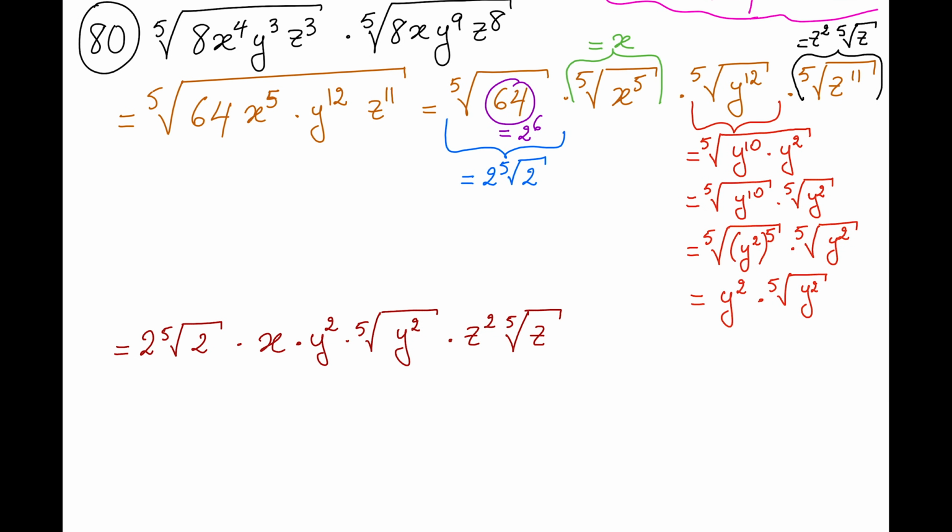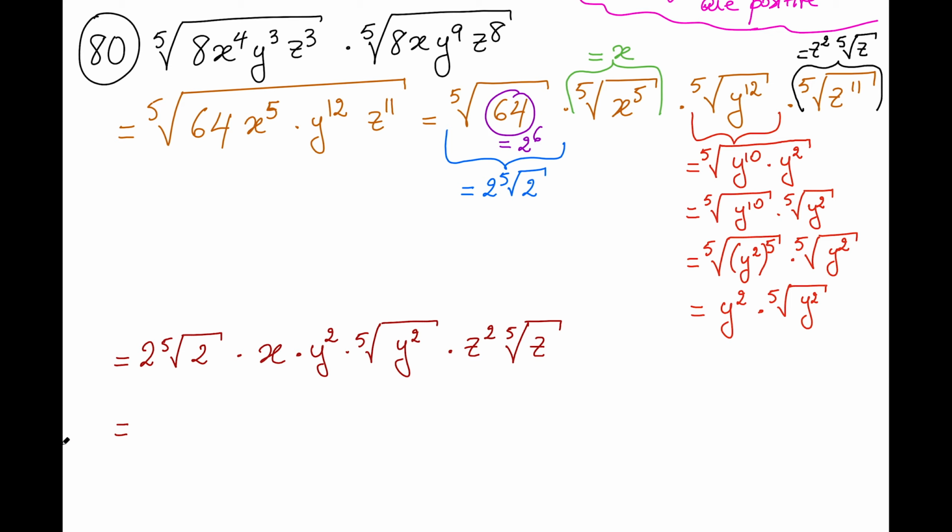And this is equal to 2xy squared z squared. So 2xy squared z squared. And then this simplified radical expression times this one becomes the fifth root of 2y squared z.